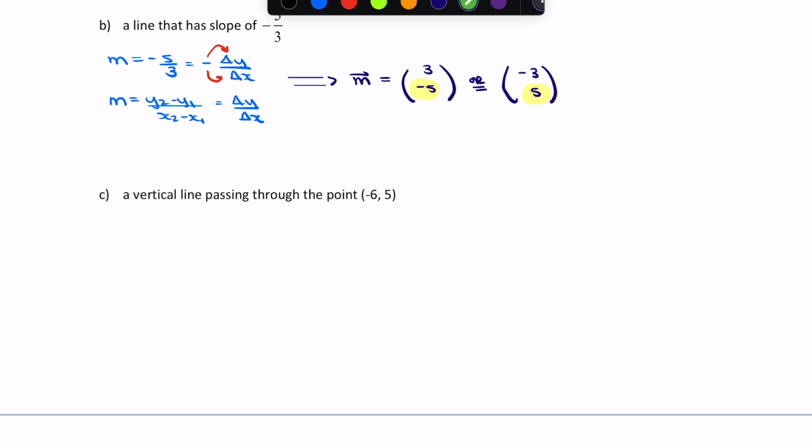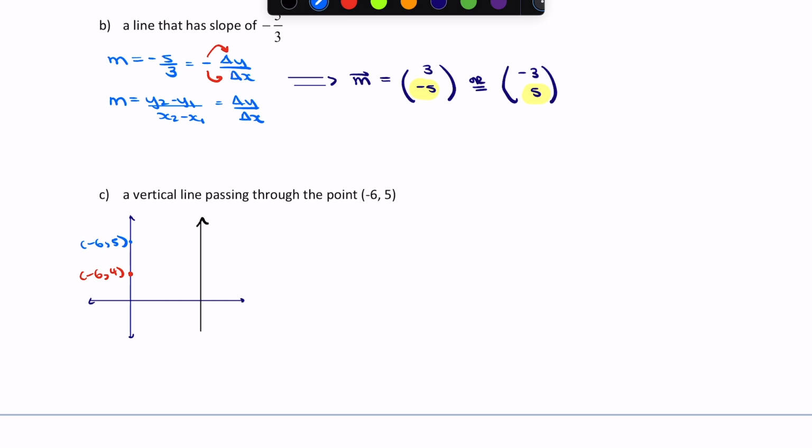So here, if we draw this on a graph, and we have our vertical line, and we see here, for example, negative 6 and 4, and this being negative 6 and 5.